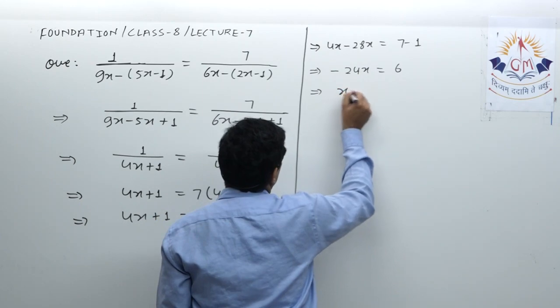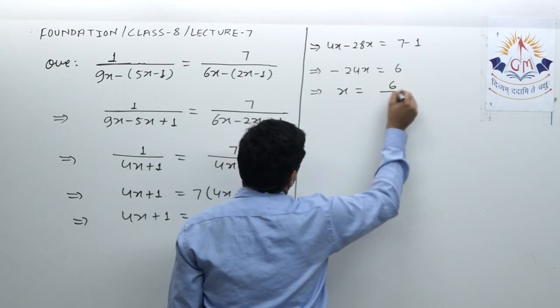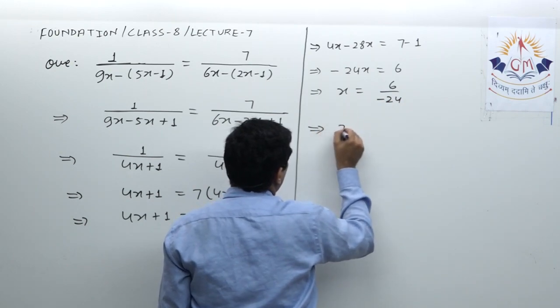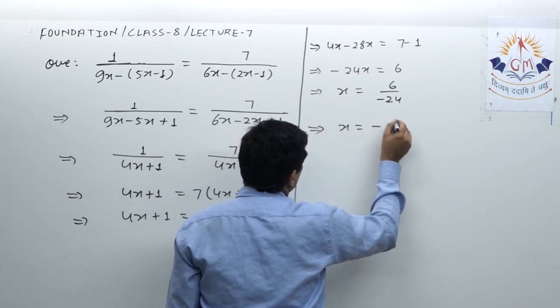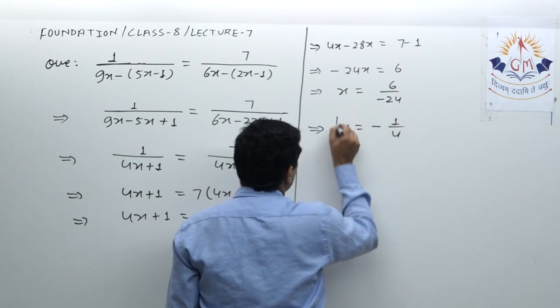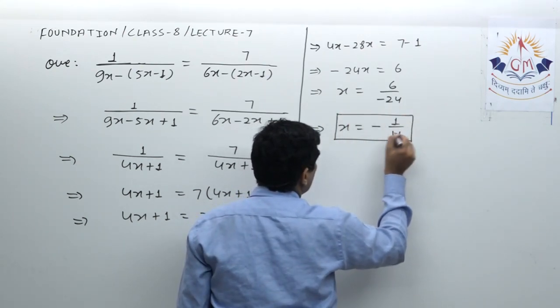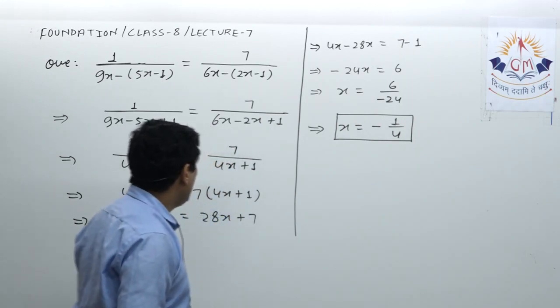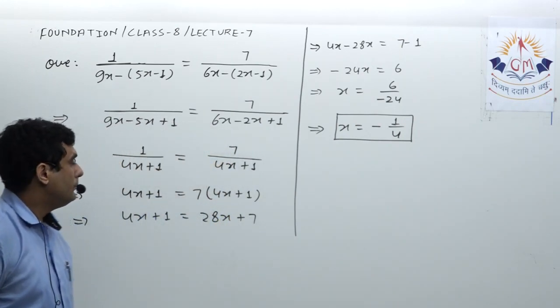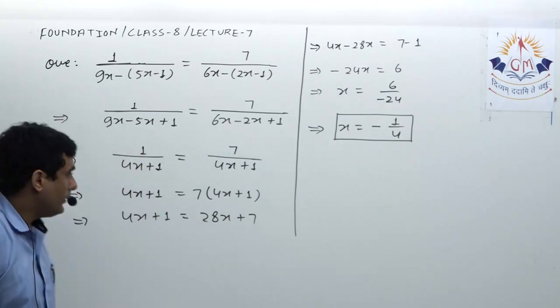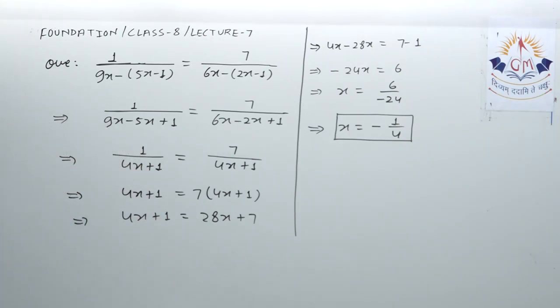So x is equal to 6 upon minus 24. Okay, so x is equal to minus 1 upon 4. So this is my final answer. Please note it down. I will give you one more way to solve the same question, but first of all note it down.